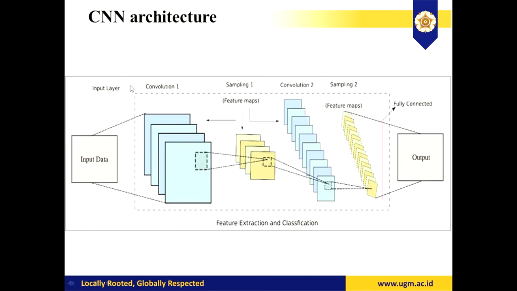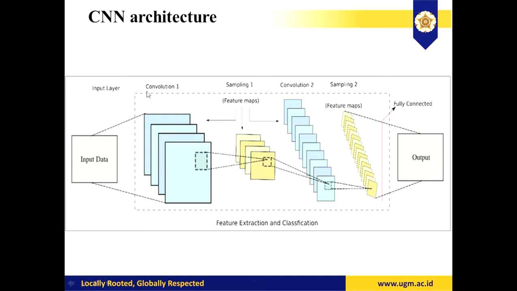This is a CNN architecture, and I will explain a common architecture of CNN. The first one is the input data here. Input data is usually a matrix from an image. So the input is an image, then the pixels from the image will be convoluted here.